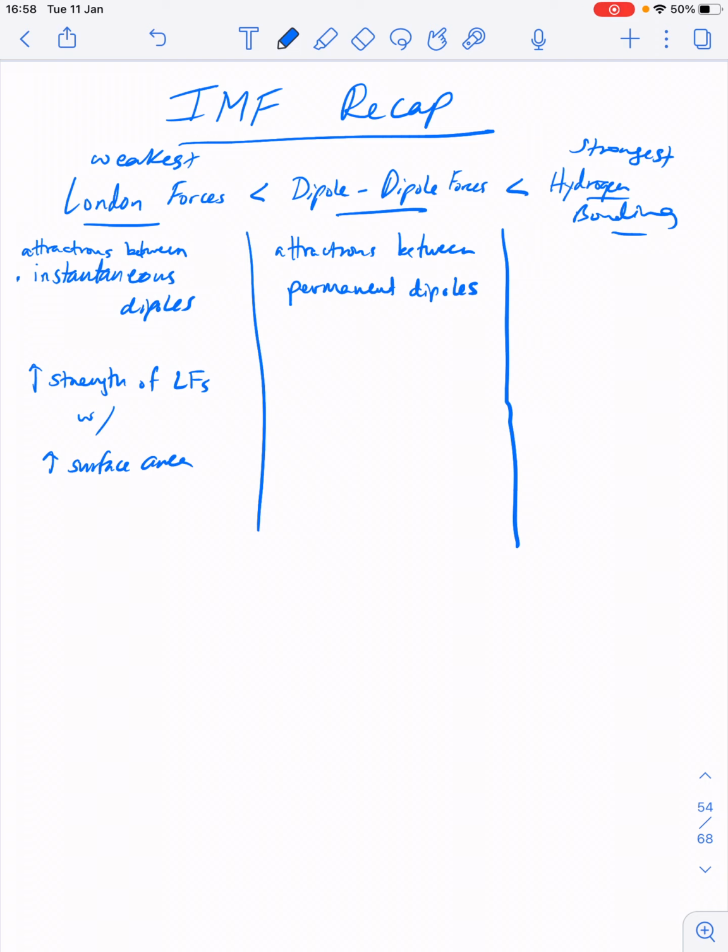The third type, and by far the strongest, is something known as a hydrogen bond. Hydrogen bonds are way harder to concisely explain. It's always key to talk about how they are between molecules.